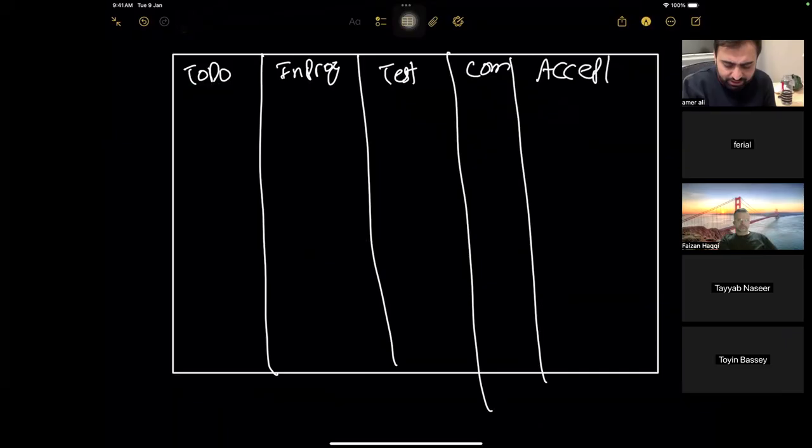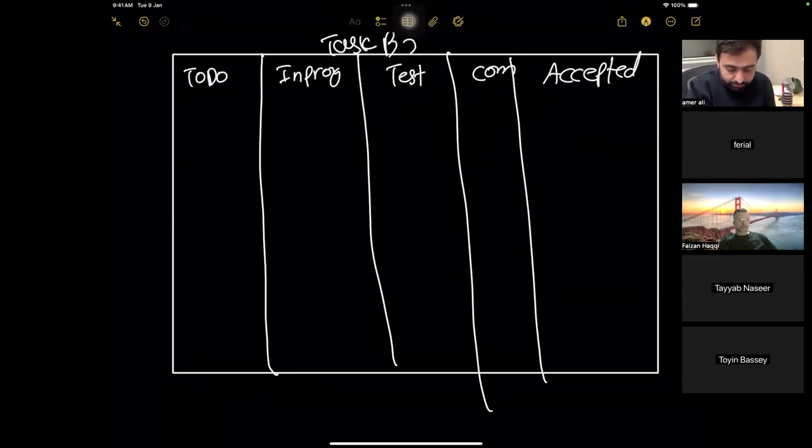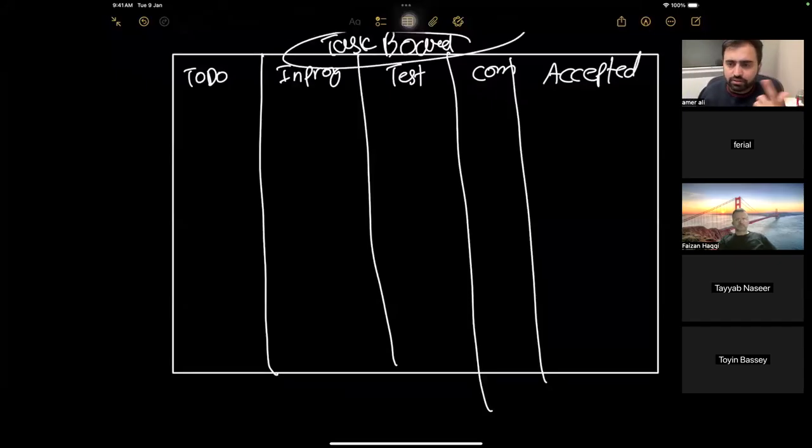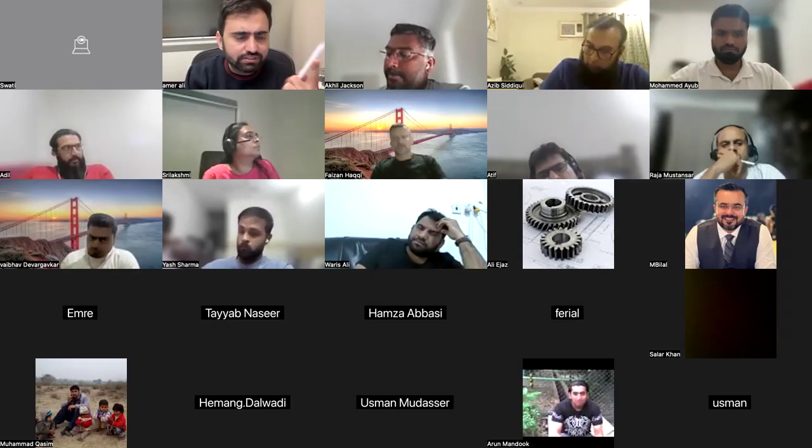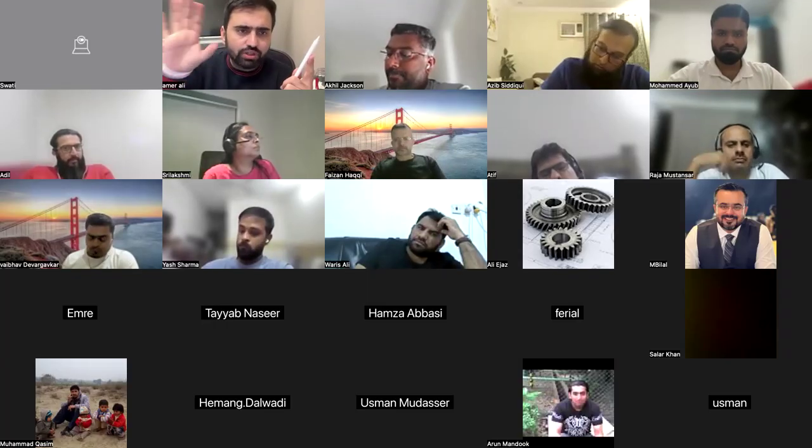You can put anything, whatever you want. It's a simple task board, just showing the status of the work. Nothing fancy.